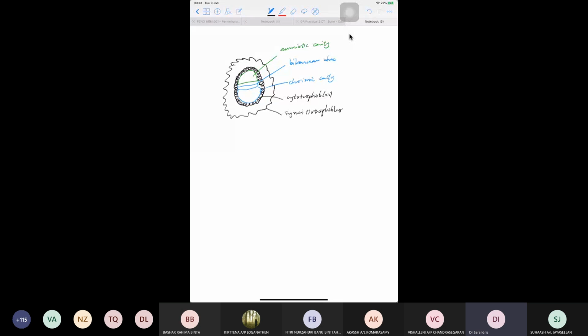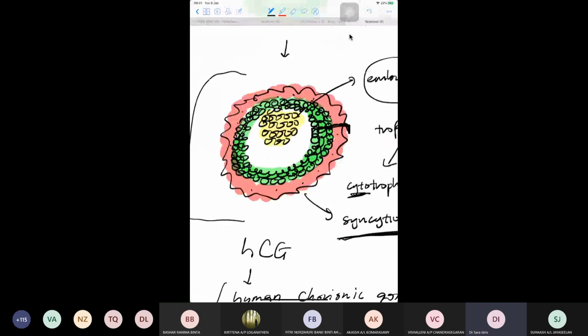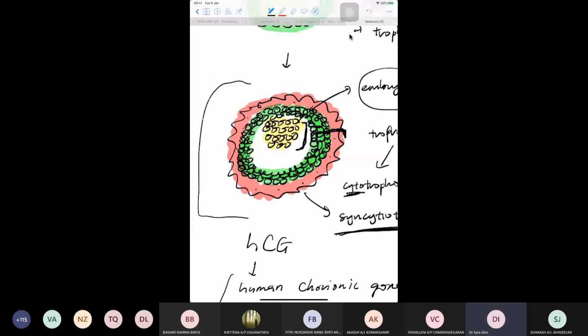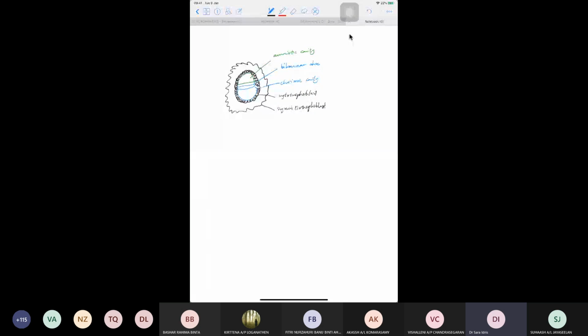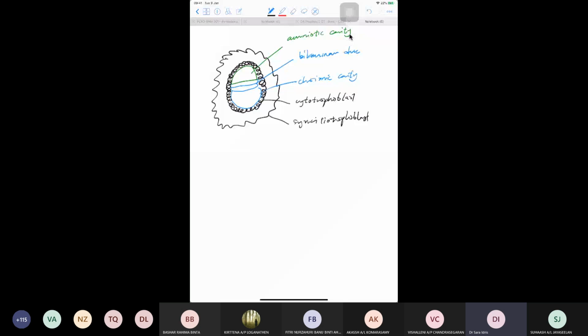Syncytiotrophoblasts. Basically what happens is this part here has grown and will differentiate to become your bilaminar disc. And it will also give off the amniotic cavity and the chorionic cavity. This all will differentiate.